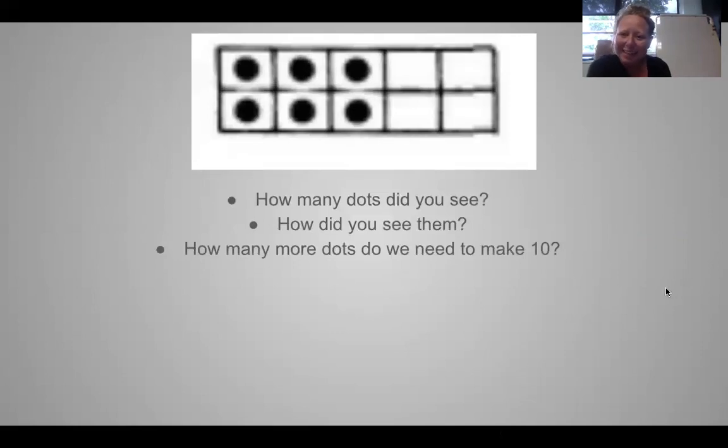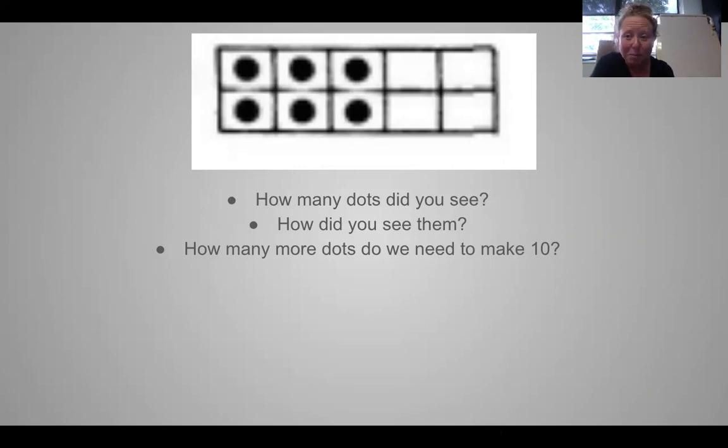How many dots do you see? How did you see them? How many more dots do we need to make a 10? Are you ready?